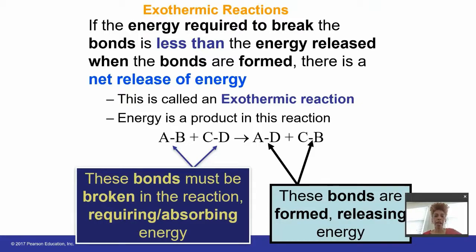For exothermic reactions, if the energy required to break the bonds is less than the energy released, then there's a net energy release, and we call that exothermic, right? So we have to break the bonds between our reactant particles, and we form new bonds to make our products.